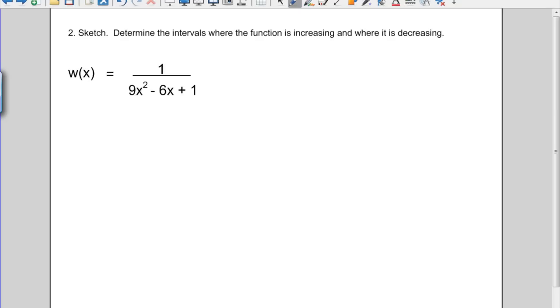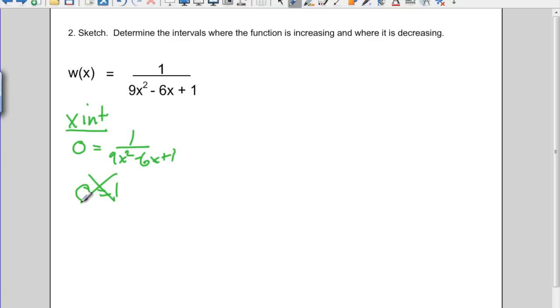Let's take a look at another example. This one is a reciprocal of a quadratic. We can identify the denominator as a quadratic. What we need to do in this case is go ahead and find things like the x-intercept. Once again, we plug in 0 and 1 over 9x squared minus 6x plus 1, and this simplifies very quickly, becomes 0 equals 1, which once again doesn't make sense.